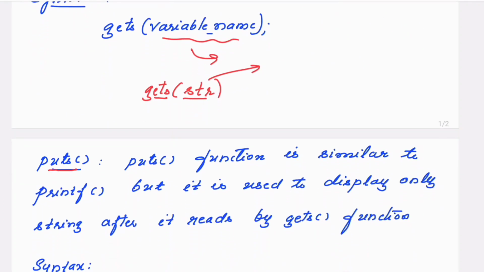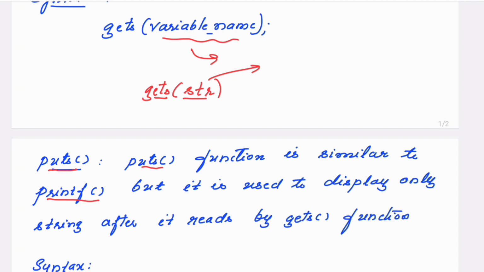Now puts: whatever string the user gives has to get displayed on the screen. That operation is possible using the puts function. This is also similar to printf. Unlike printf, it is unformatted because it is not going to use any format specifiers, nor is a particular sequence followed.